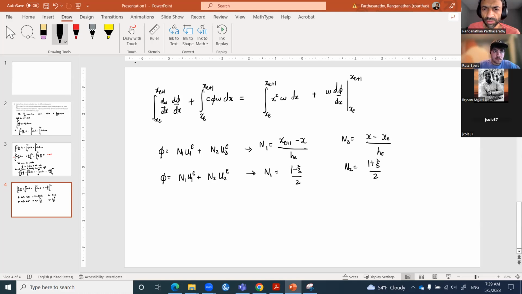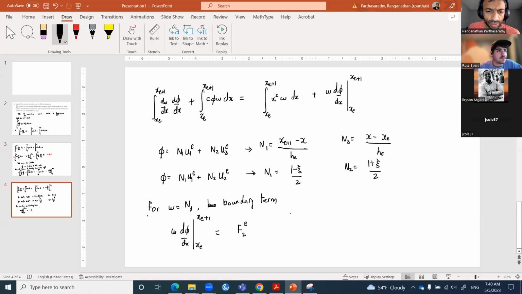So if we look at the boundary term for N1, this becomes force F2 at e, right?